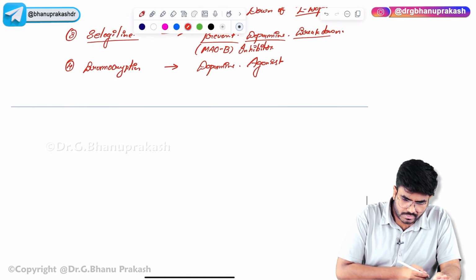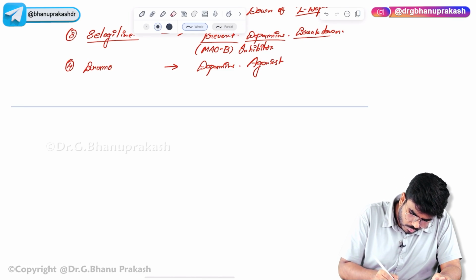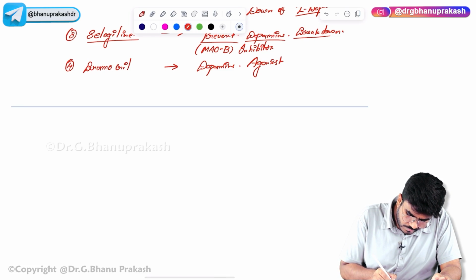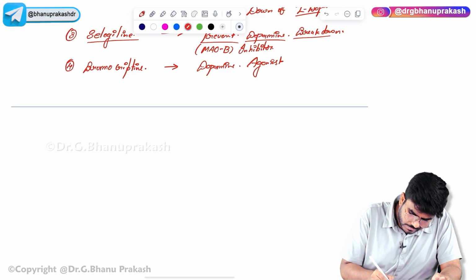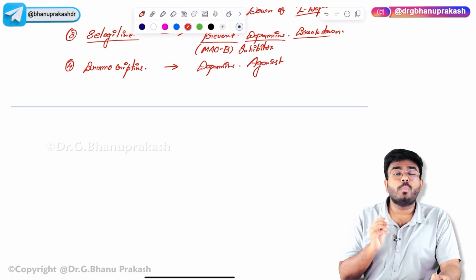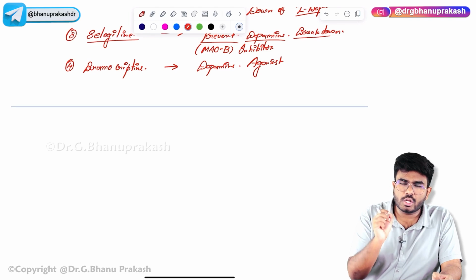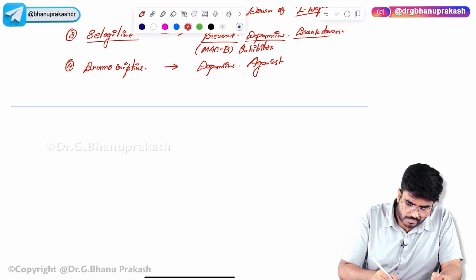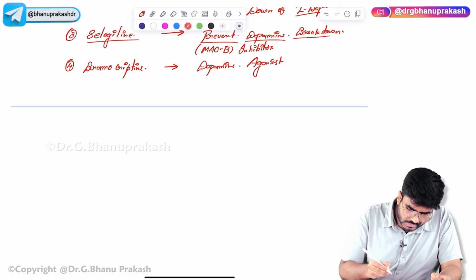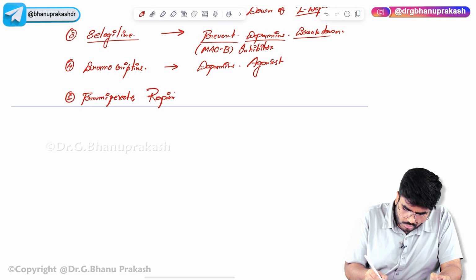So bromocriptine also completed. Bromocriptine is a dopamine-like drug, a dopamine agonist. It stimulates the dopamine receptors, just like dopamine, so it can be used in the treatment of Parkinsonism. Apart from bromocriptine, the other drugs are pramipexole and ropinirole.